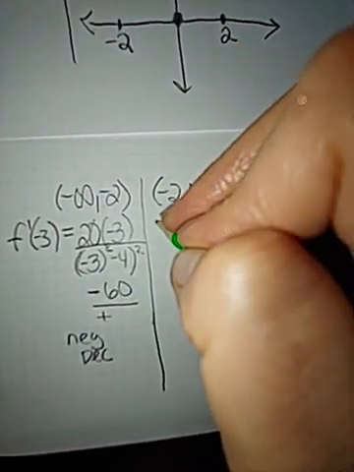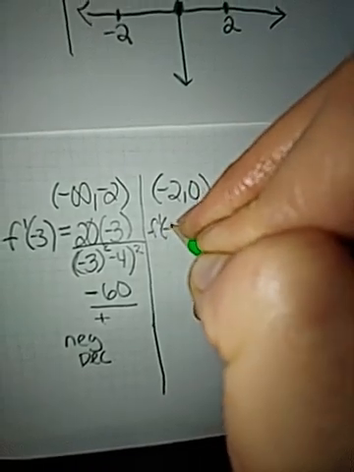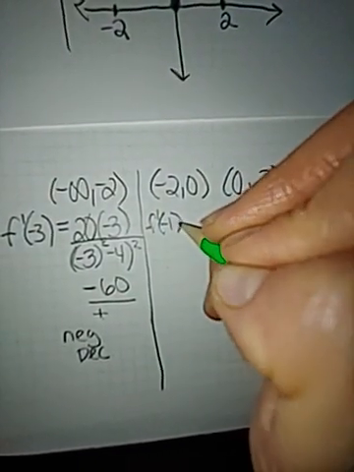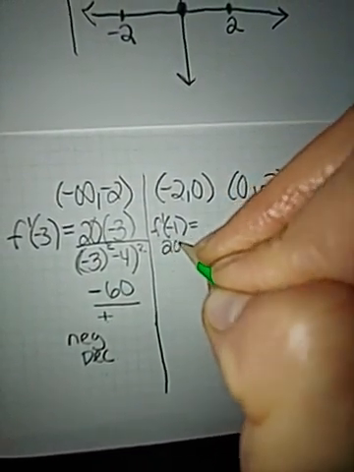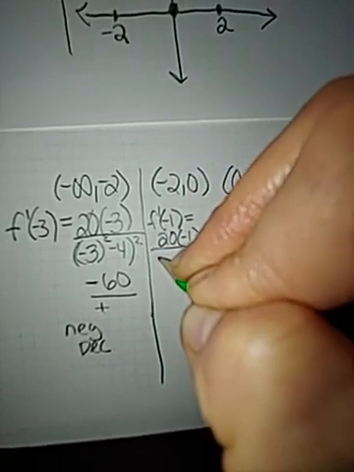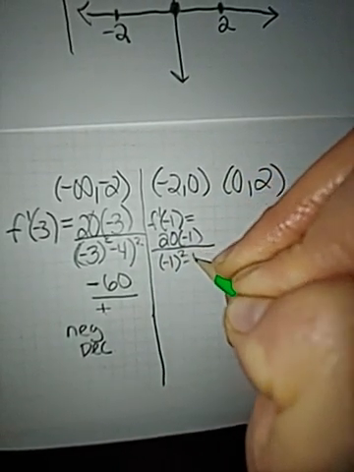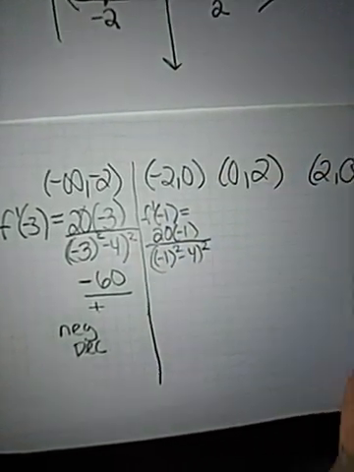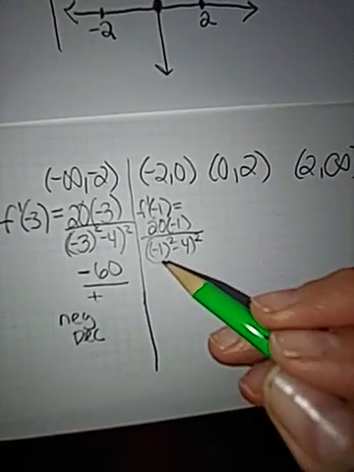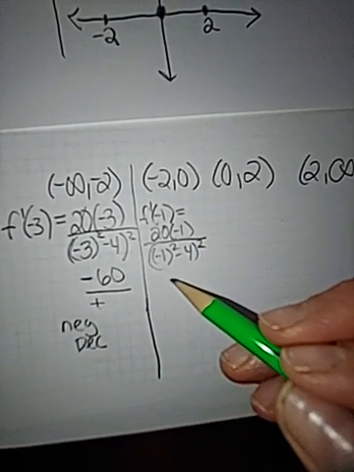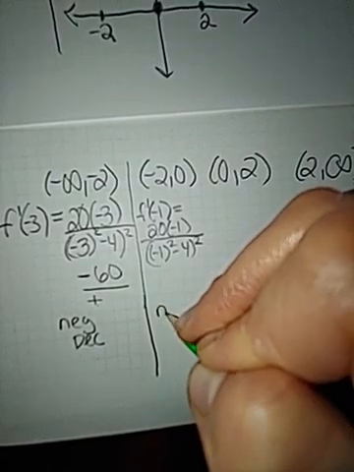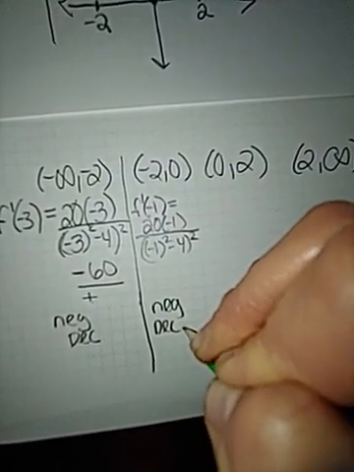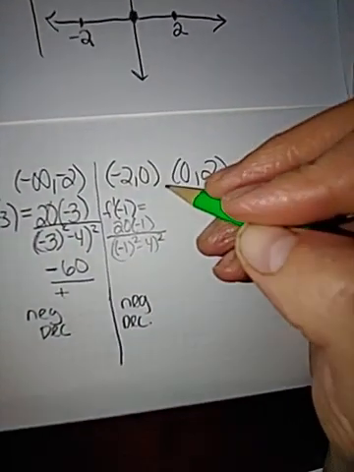All right, now I'll plug in -1 into the first derivative. Same thing happens. I have a negative on top, and I have a positive on the bottom, which means the function is decreasing.